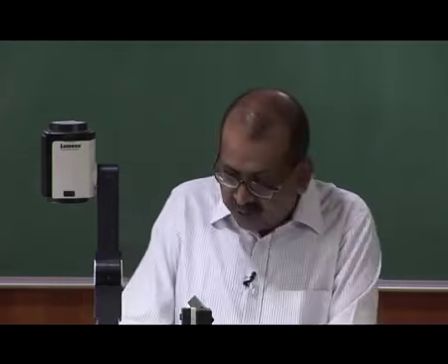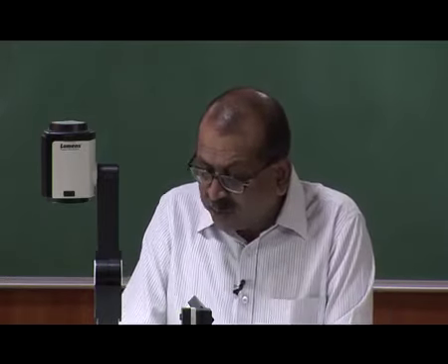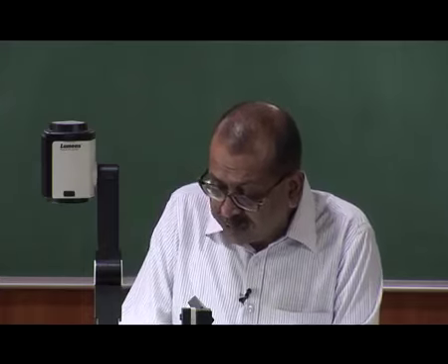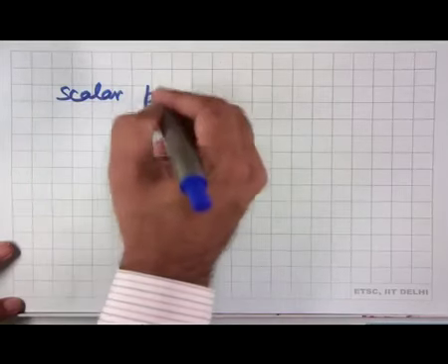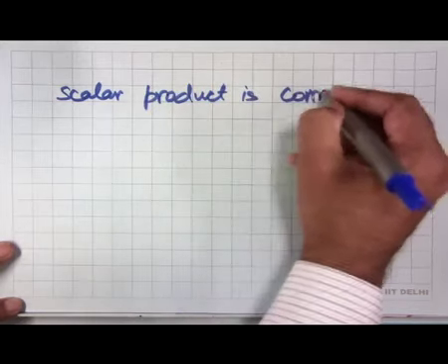So, now we look at some properties of the dot product. The first property we see is that the scalar product is commutative.